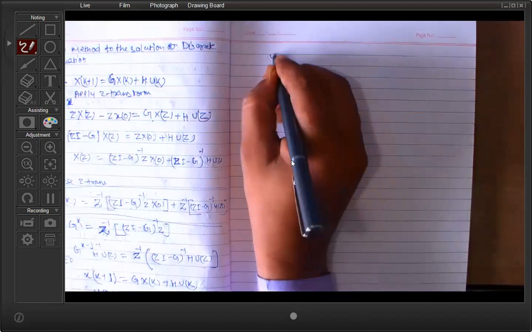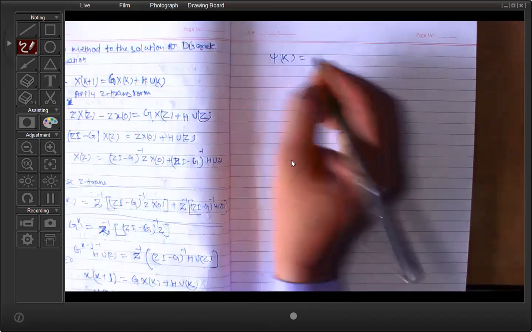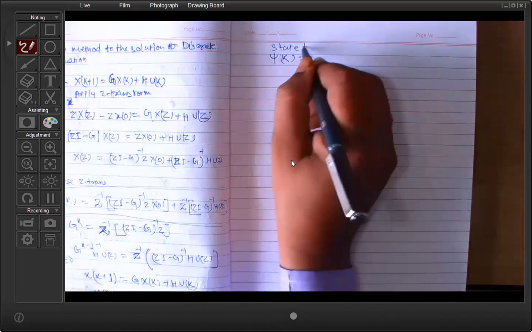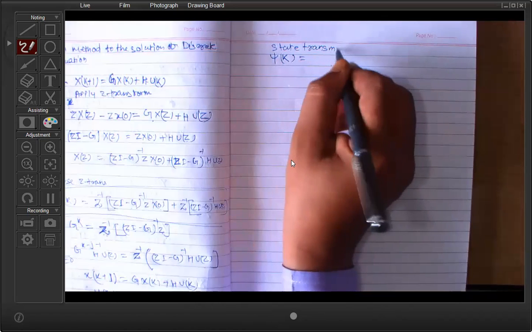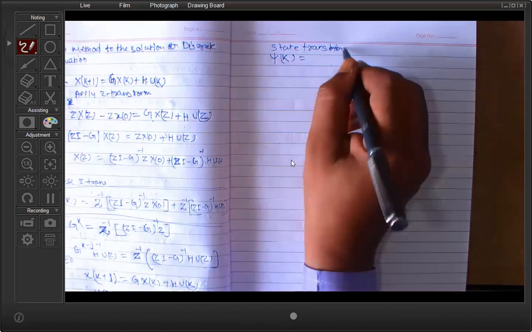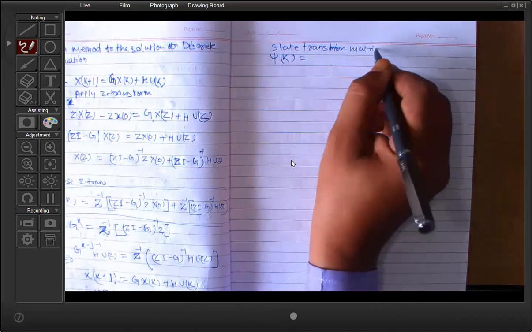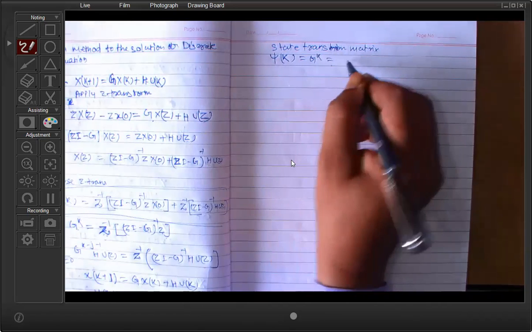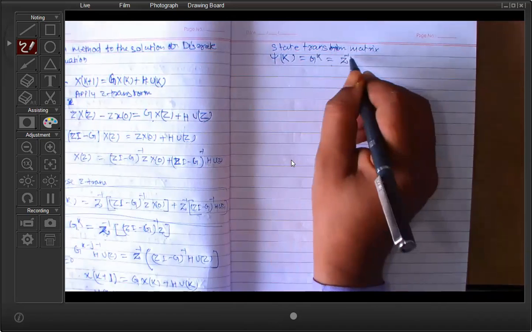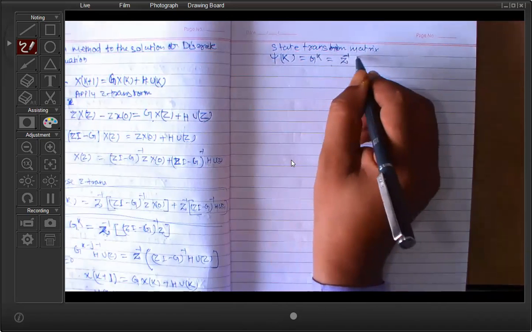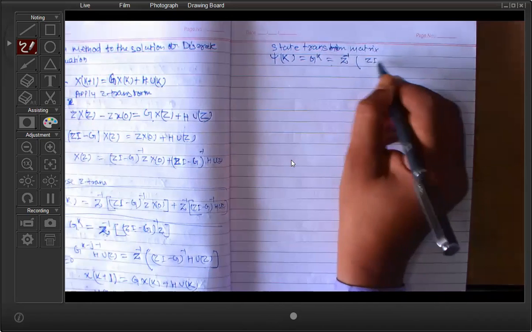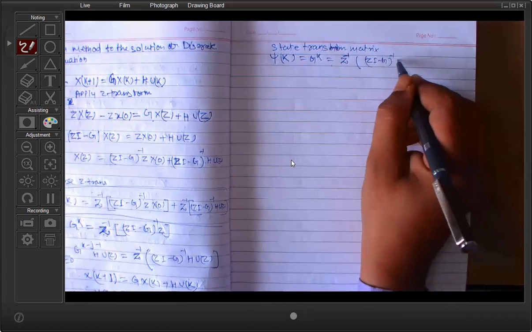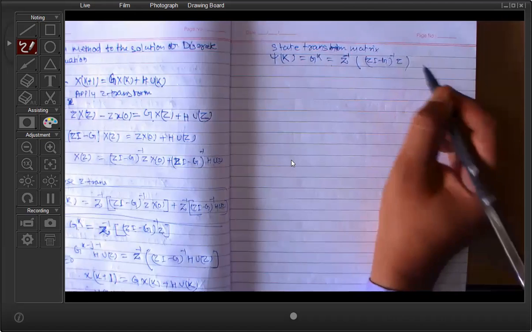State transition matrix is equal to G to the power K, or inverse Z transform of (ZI minus G) inverse into Z. Yes or no?